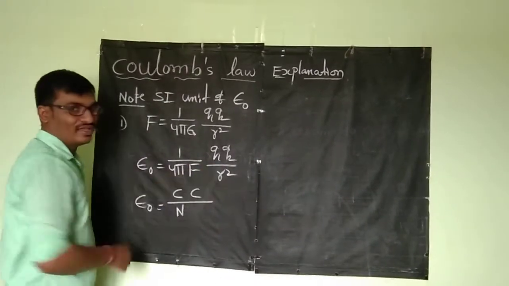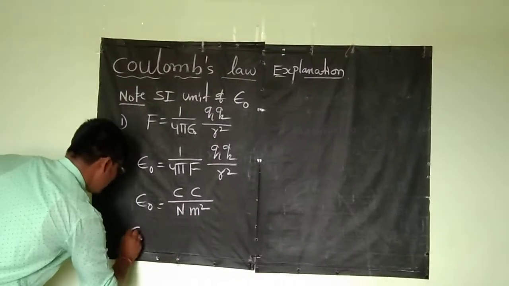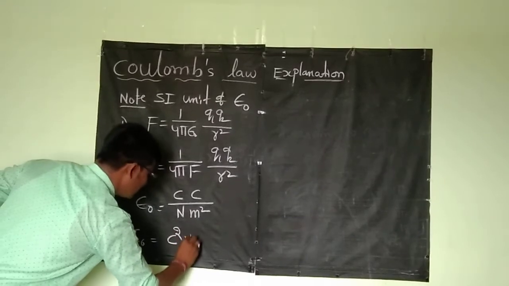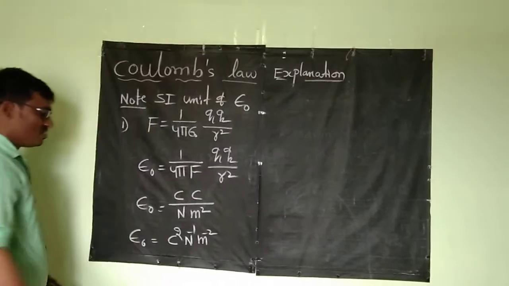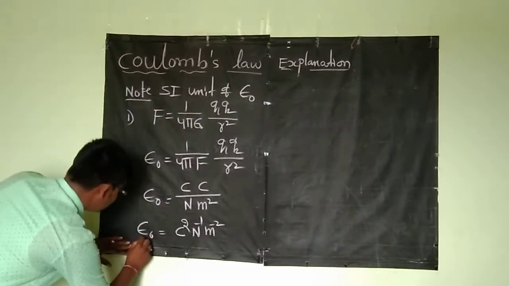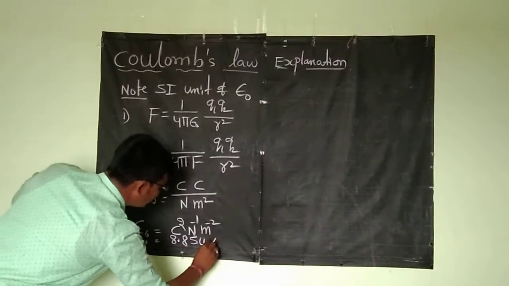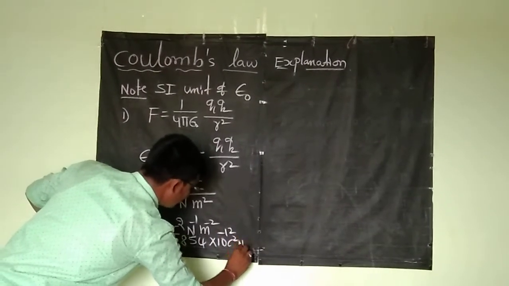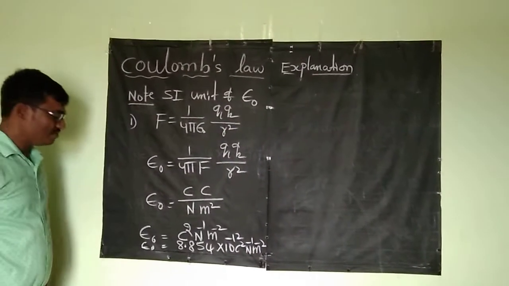The distance unit is meter, but here we have r square, therefore it becomes meter square. Finally, the SI unit of epsilon naught we can write as Coulomb square for Newton for meter square. We can write the epsilon naught value as 8.854 into 10 to the power minus 12 Coulomb square for Newton for meter square.